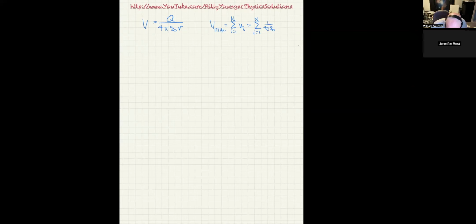Notice that's common to each term, so we can pull that out in front of the summation. Then we have q sub i for the first charge, obviously q1, and then the distance would be r1 to the point A. So I should subscript this with an A to recognize that we're doing it at a particular point A, and the r would be the distance between charge i and point A.